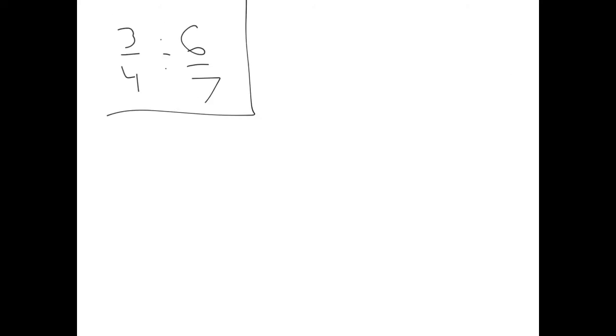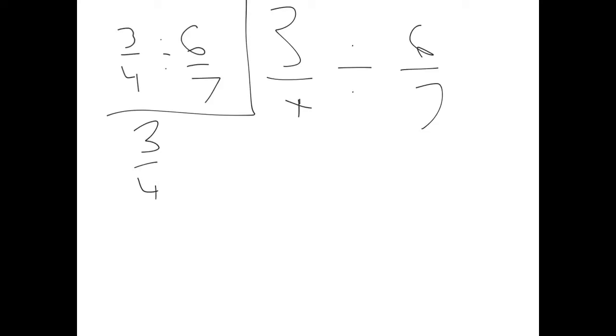Okay, let's write our problem. 3 over 4 divided by 6 over 7. Now we must keep, change, and flop. I will show you how to do this. Let's rewrite the problem. It's 3 over 4 times 7 over 6.